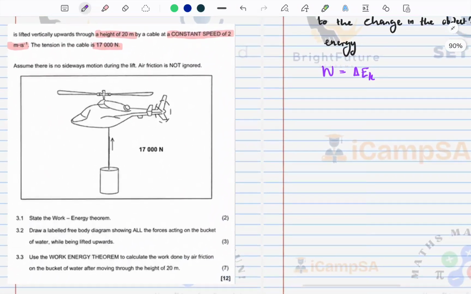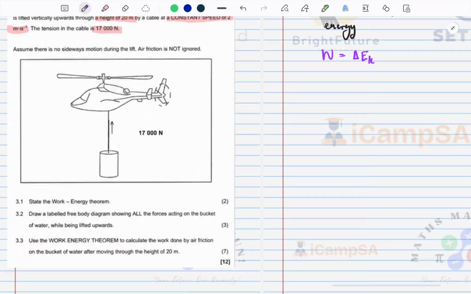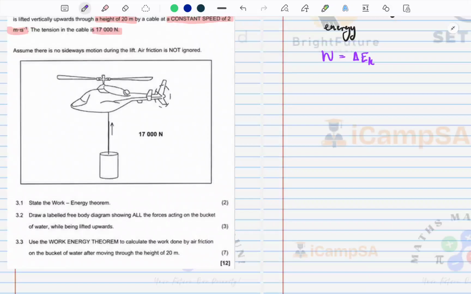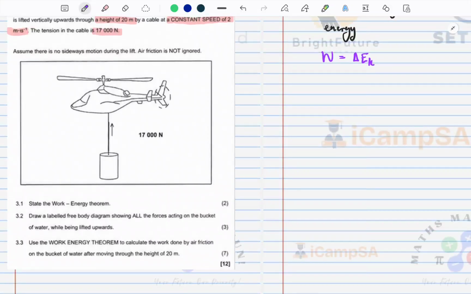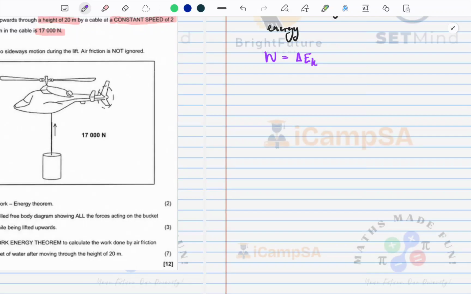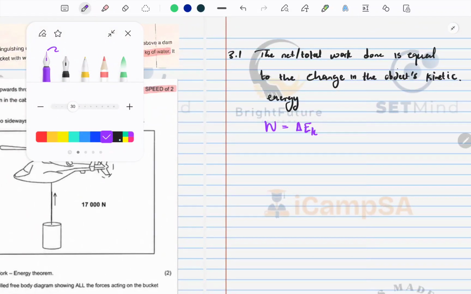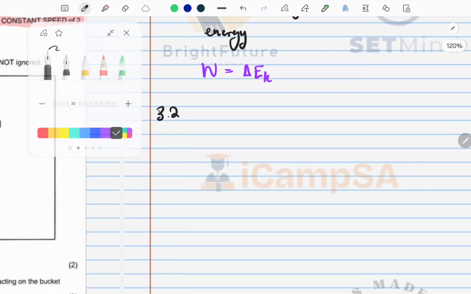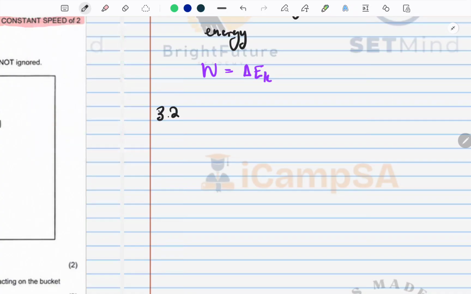Now they're saying, draw a labeled free body diagram showing all the forces acting on the bucket of water while it's being lifted upwards. So now we are looking for the bucket of water, which is going to be 3.2. Okay, bucket of water. So now let's start.